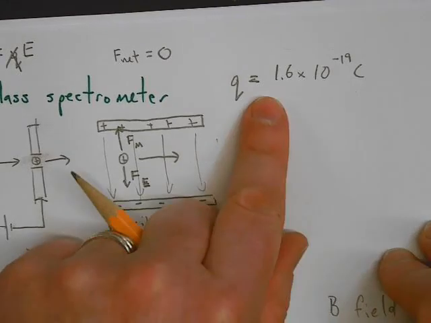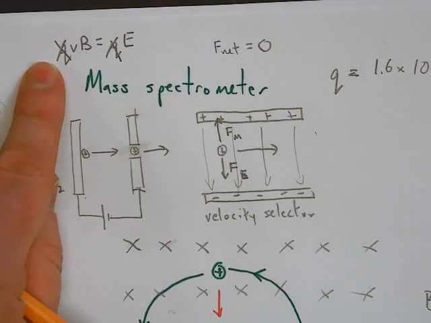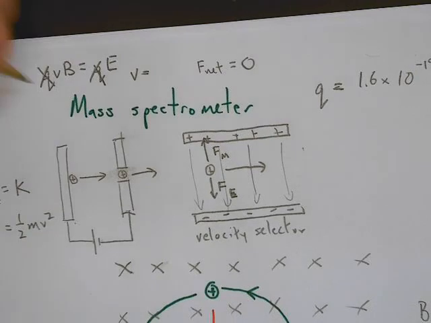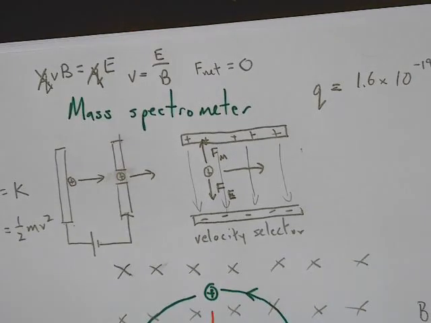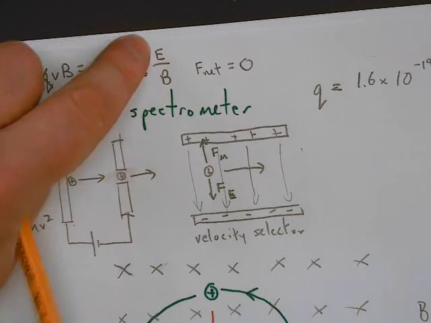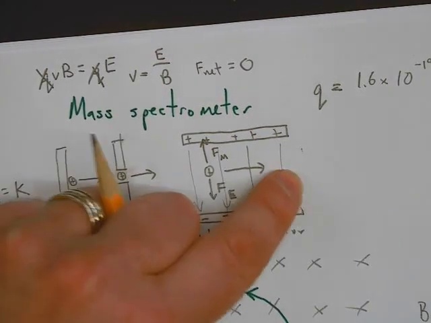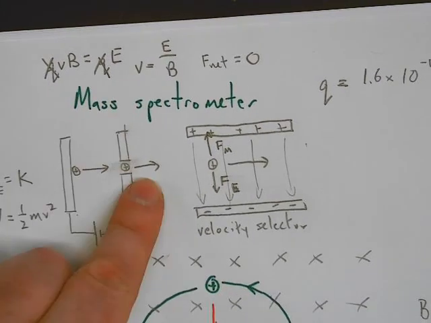Which is great, because when I charged my material, I just know it was a multiple of this. I didn't know exactly how big the charge was, okay? So then my velocity is going to be equal to E over B. Hopefully you see that. So then by adjusting E and B, I can make this thing go straight across.